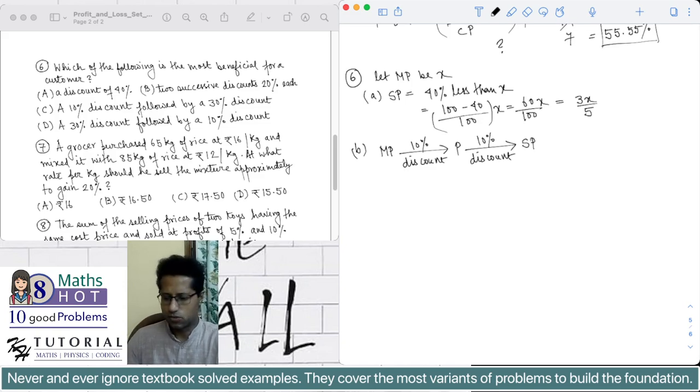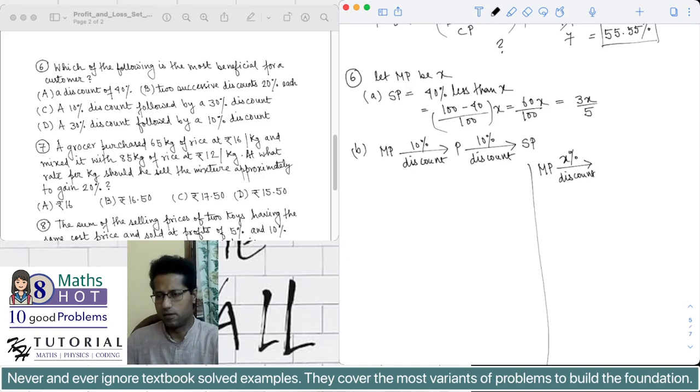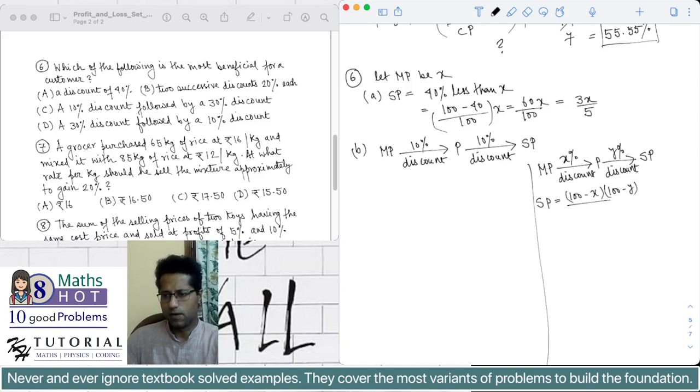Now, as a side note, one short result you should remember: from a mark price, if there are two successive discounts, let's say X% discount, and the reduced price is P, and then again a Y% discount given on the reduced price P, and we finally have SP. Then SP will be equal to 100 minus X multiplied by 100 minus Y divided by 100 square, multiplied by MP.